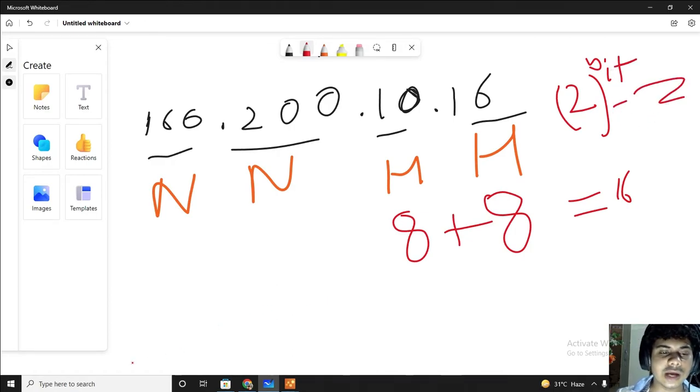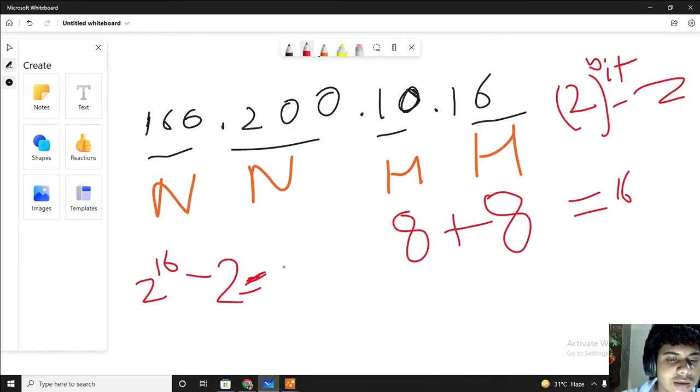So if I calculate 2 to the power bits, which means 2 to the power 16, and minus 2, that is how many computers I can give to the lab, which means how many addresses can be extracted from this particular address. The value comes to 65534.